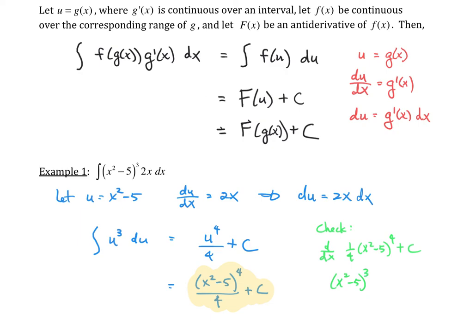But according to the chain rule, I need to multiply by the derivative of the inside, and the derivative of the inside is going to be times 2x. And a quick look shows us that this derivative is exactly the same as the integrand. So we know that differentiation and integration are inverse processes. If I find the antiderivative and then take the derivative, I should get the original thing on the inside back.